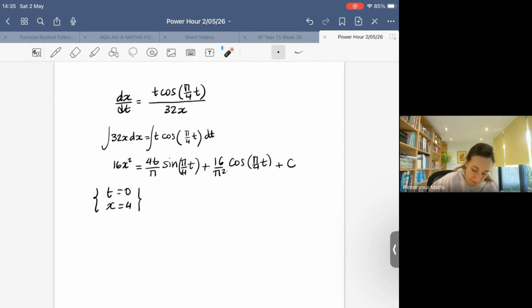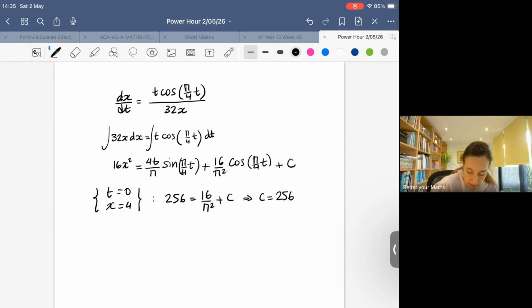When t is 0, x is 4. So I'm going to have 16 times 4 squared, so 16 times 16, which is 256 on the left. And on the right, when t is 0, this is 0, cos 0 is 1, 16 over pi squared plus c. So my constant of integration is this.